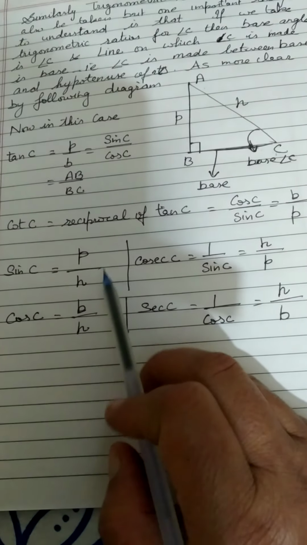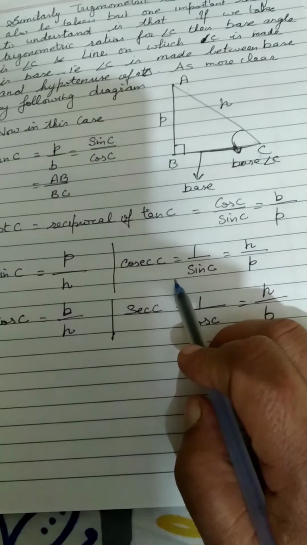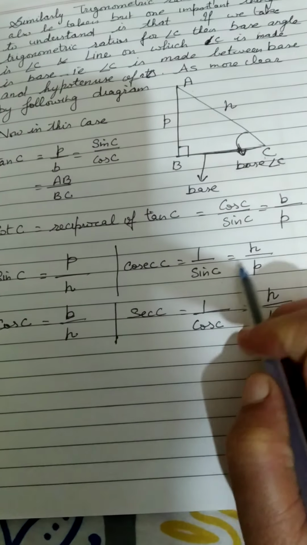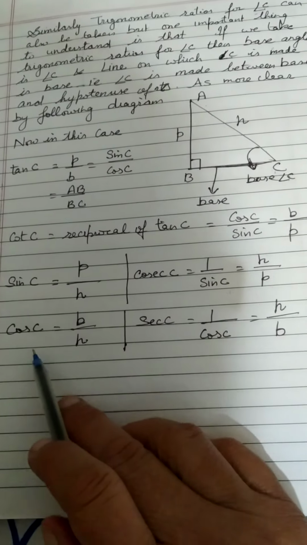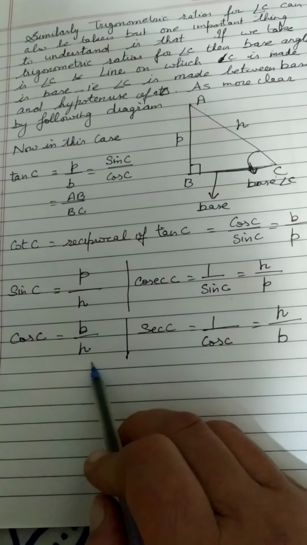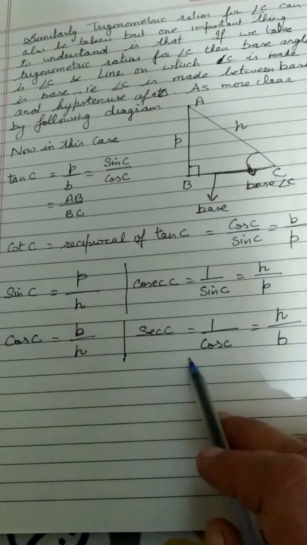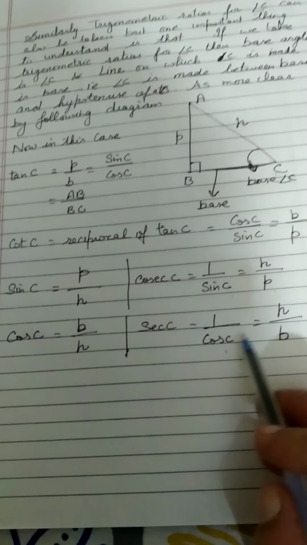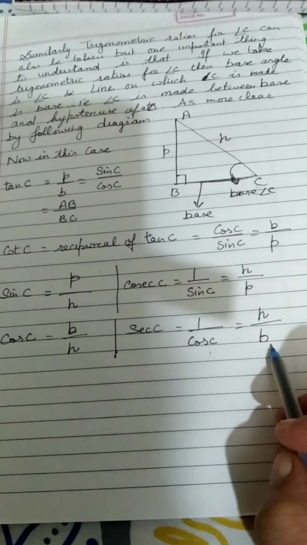Sin C is perpendicular upon hypotenuse, cosecant is reciprocal of sin, it is hypotenuse upon perpendicular. Cos C is base upon hypotenuse, then secant C is reciprocal of cos, it is hypotenuse upon base.